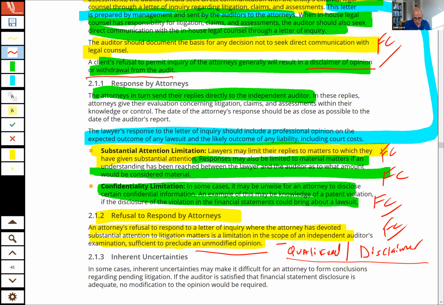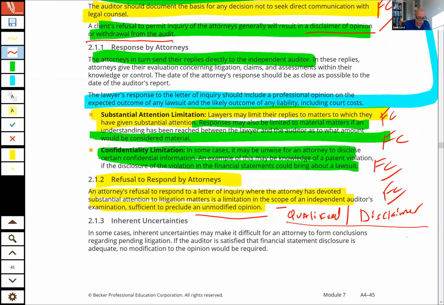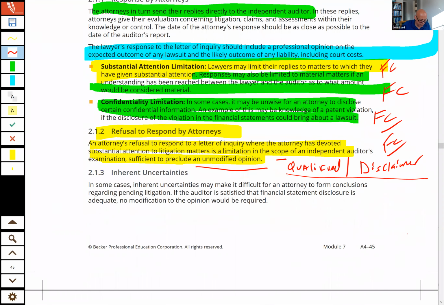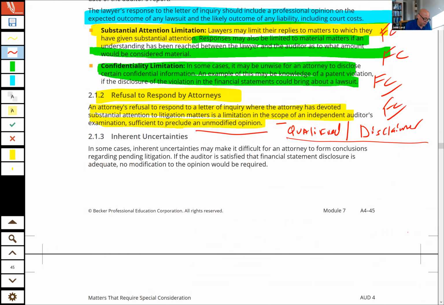I've got a substantial tension limitation, I've got a confidentiality limitation that I can invoke here, so don't worry about it, and therefore they don't cause this trouble of refusing to respond. So it's a very routine process, really, where the attorney responds to the letter and you get that back. They cover every possibility here, but they're really talking about a very routine set of procedures here. Okay. All right, good.